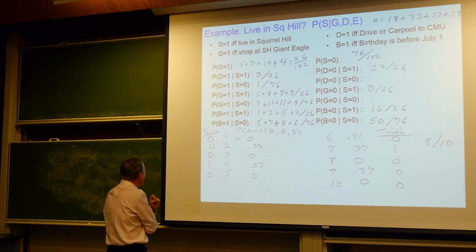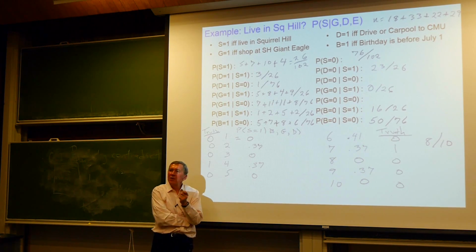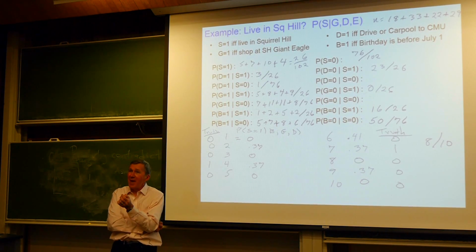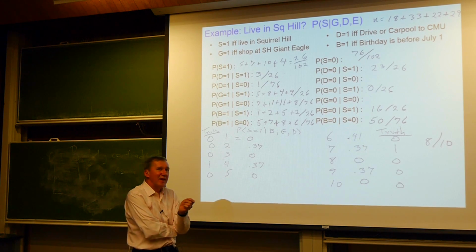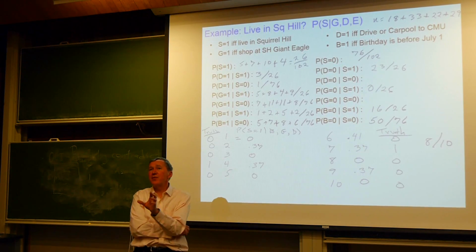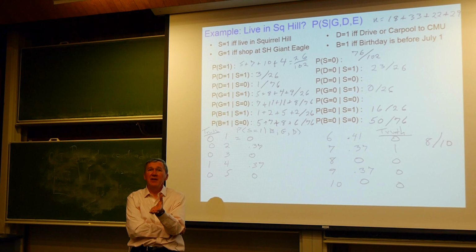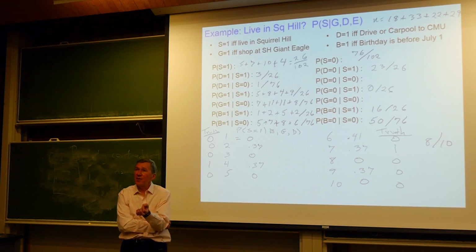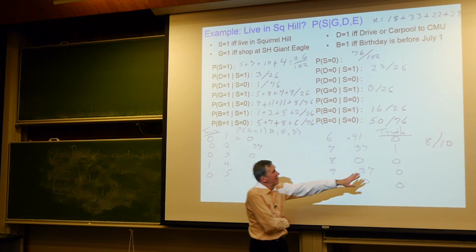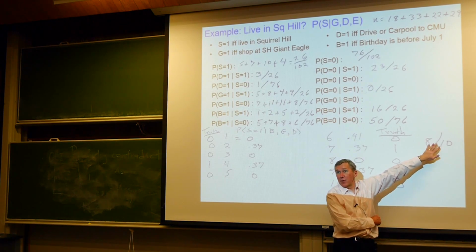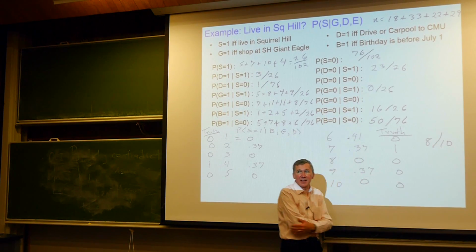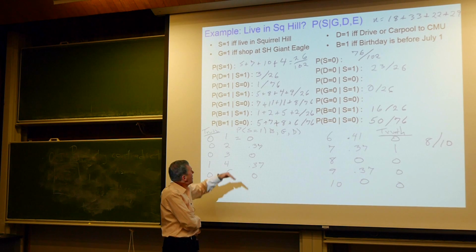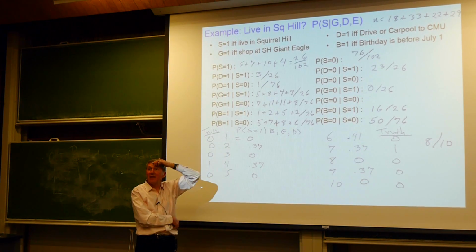A more subtle way is to look at the misassigned probability mass. These are in fact two different ways that we often measure the accuracy of classifiers. One is just, what fraction of things does it correctly label? 8 out of 10 in this case. But what about the misassigned probability mass?